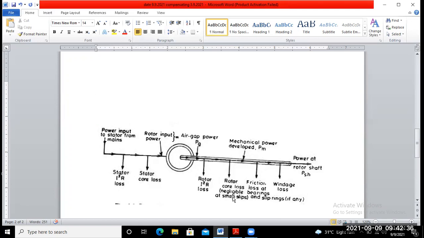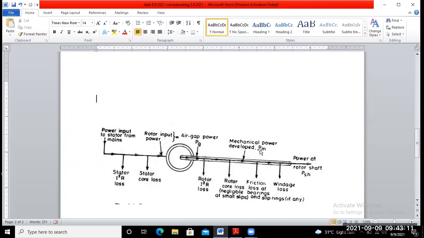Some part of power is lost as friction and windage losses. Then the remaining power is the power output at the shaft of the three-phase induction motor. Up to this point, you consider rotor I square R loss and rotor core loss, which is negligible. If you subtract the rotor I square R loss from the air gap power, that is nothing but the mechanical power developed in the rotor part.